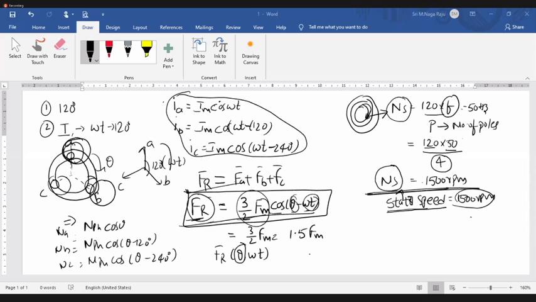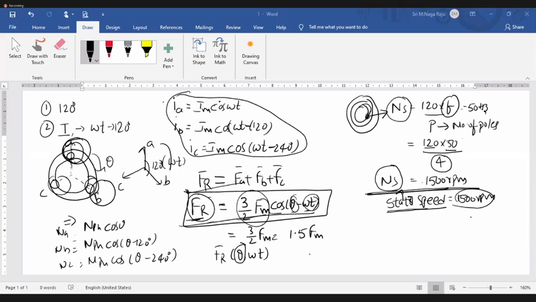First, in the starting case, what is the relative speed between the stator flux and the rotor? Relative speed means Ns minus N. It is not 0. Ns speed is 1500, rotor speed is 0, so the relative speed is 1500 rpm.